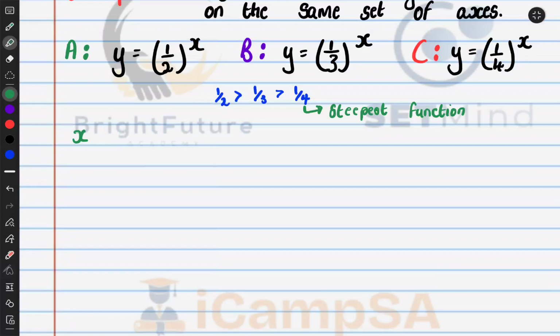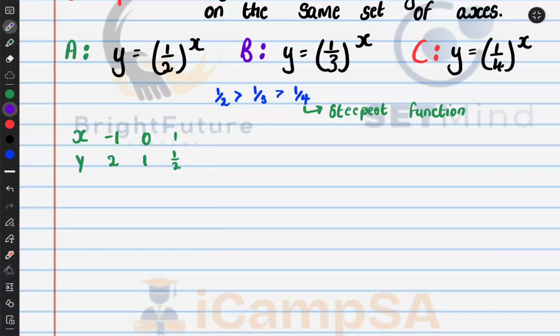We know that at 0 that would be the y-intercept, which makes life easier. So we have -1, 0, and 1. For y equals 1 over 2 to the power of x, 1 over 2 to the power of -1 is 2, 1 over 2 to the power of 0 is 1, and then we have 1 over 2.